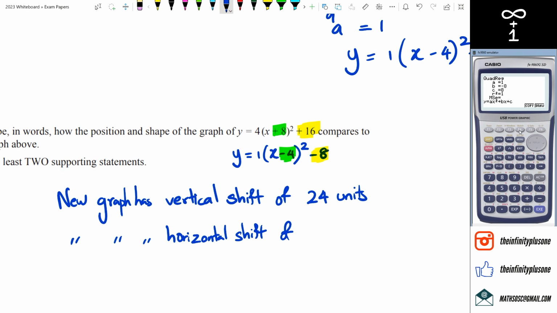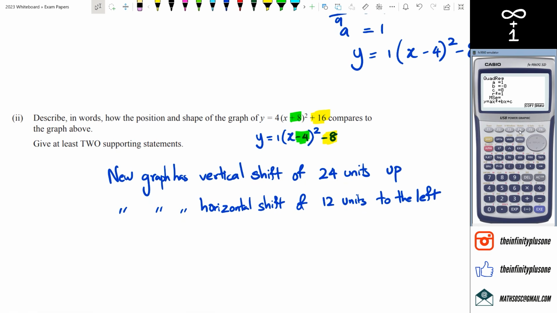I forgot that vertical shift of 24 units upwards, we need to say. And in this case, horizontal shift of 12 units to the left. Because if it was going to the right, then it'll become even more negative. But in this case, it's actually plus 8, which means it's actually shifted to the left 12 units.